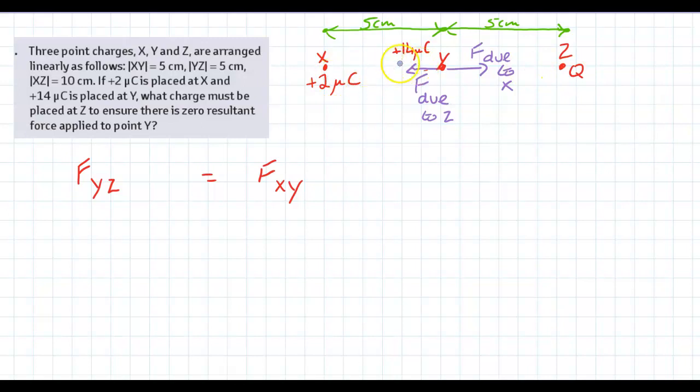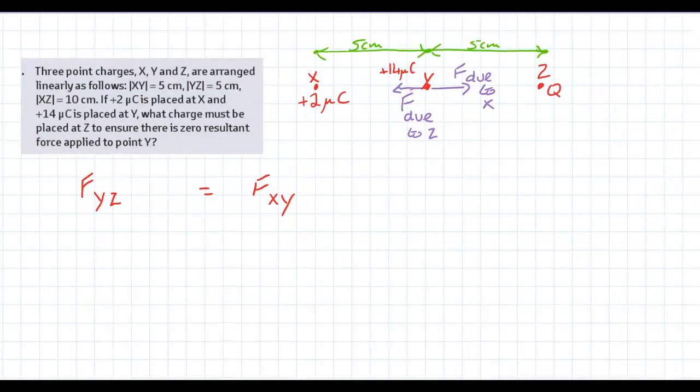You can see that they're both positive charges, so they're repelling, hence Y is being pushed over this way. Z has to push it over this way, so they have to be both the same sign. So Z has to be positive as well, and it's going to repel and push Y over to the left. The more difficult part is to work out how big, what's the magnitude of Z?